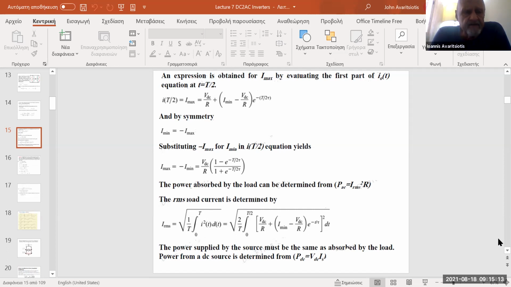We know the resistance of the resistive component of your load, and also we know the switching frequency.